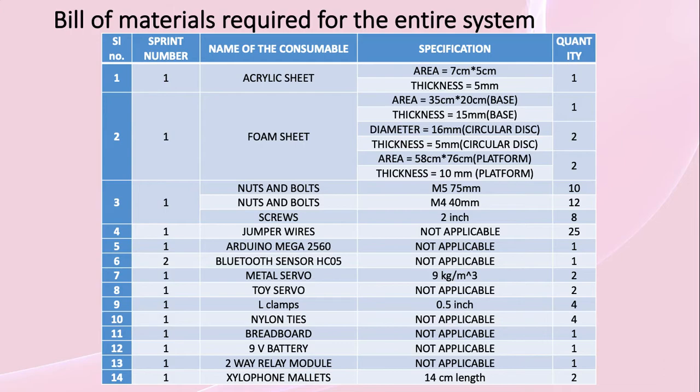Metal servo for the sideway movements, toy servo for the up and down movement, L clamps, nylon ties which will connect the toy servo and the mallets, breadboard, 9-volt battery, two-way relay module, and the xylophone mallets.